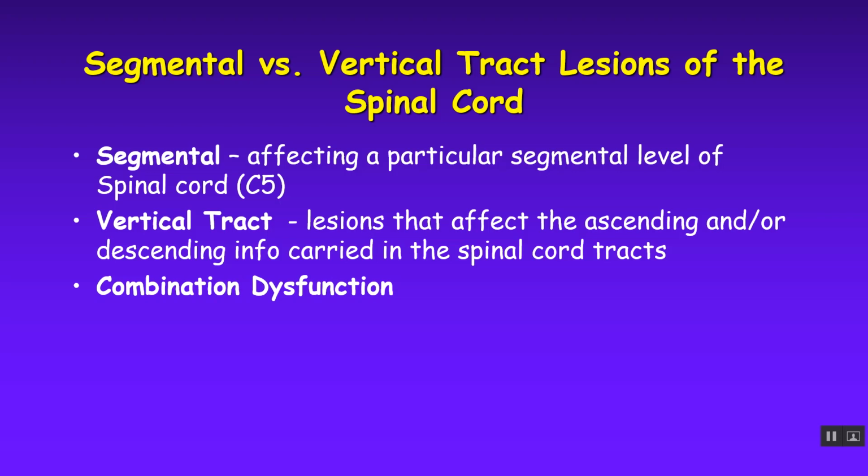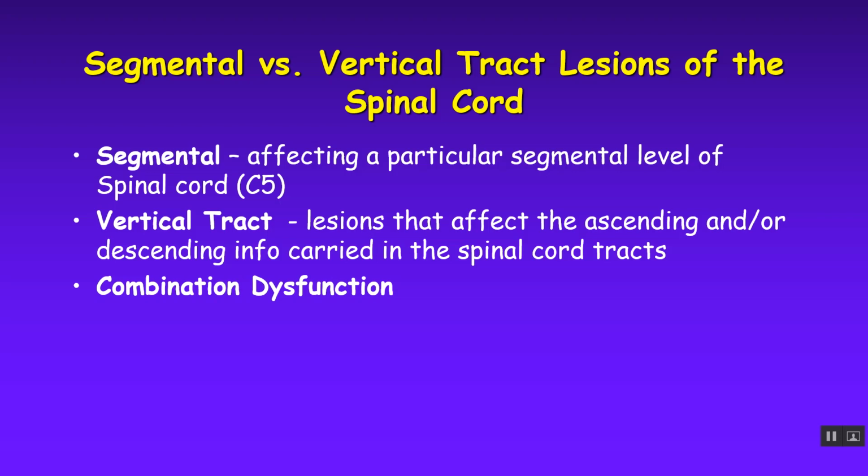So if you have a spinal cord injury at C5, you're going to damage anterior horn cells, nerve roots that are coming off right at that C5 level. That's where the damage is, but that's the segmental damage. So you're going to impact actual anterior horn cells, dorsal roots, ventral roots, whatever, at that level.